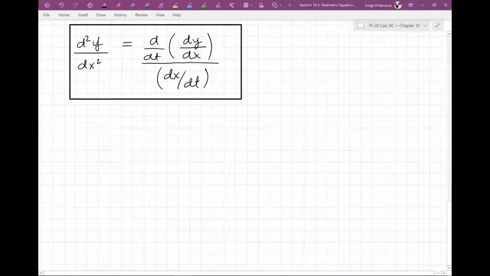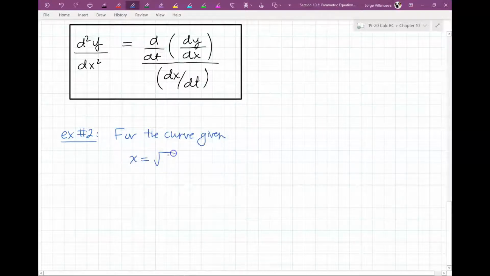So let me show you an example here. Example 2: for the curve given, x equals radical t and y equals 1/4 of t squared minus 4, t is greater than or equal to 0.